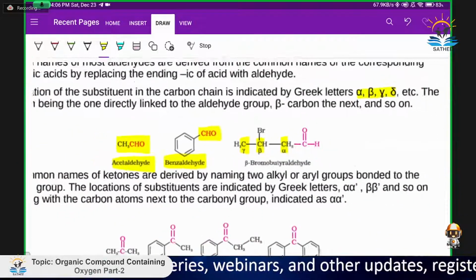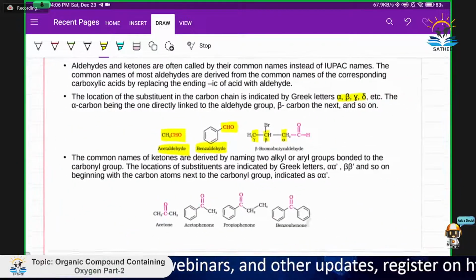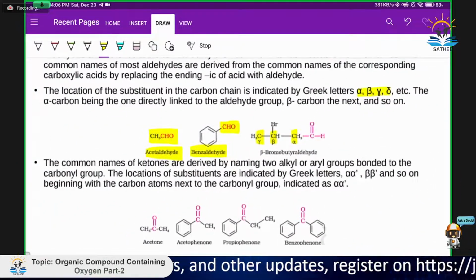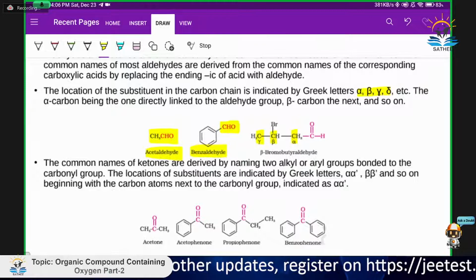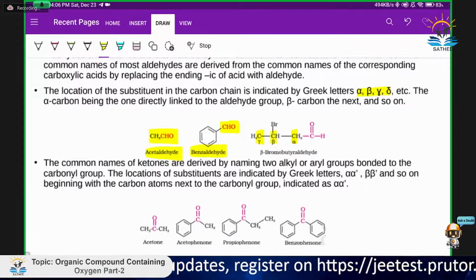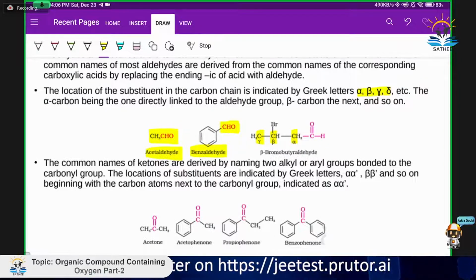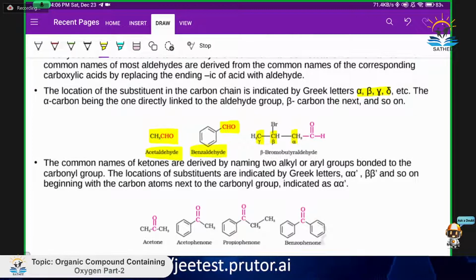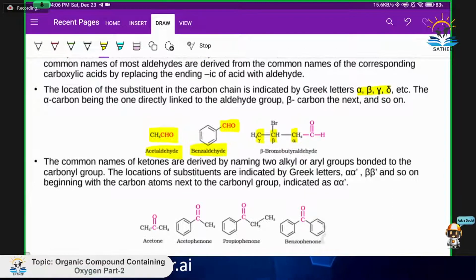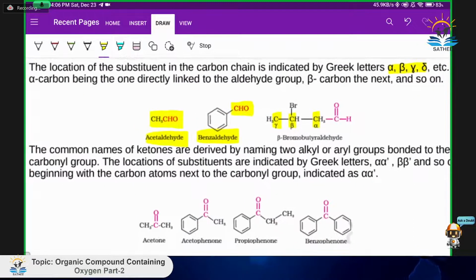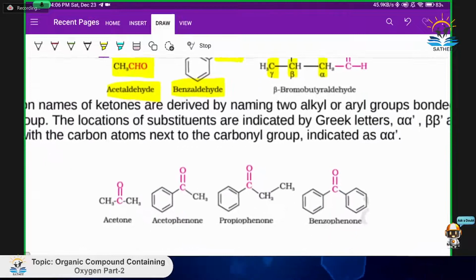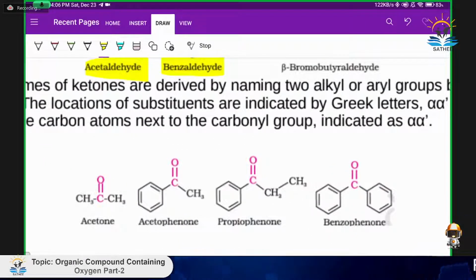The common names of ketones are derived by naming the two alkyl or aryl groups bonded to the carbonyl group. The location of substituents is indicated by Greek letters alpha, alpha dash, beta, beta dash, and so on, beginning with the carbon atoms next to the carbonyl group, indicated as alpha, alpha dash. So for ketones, we simply say the common names of both the groups on either side of the CO group.